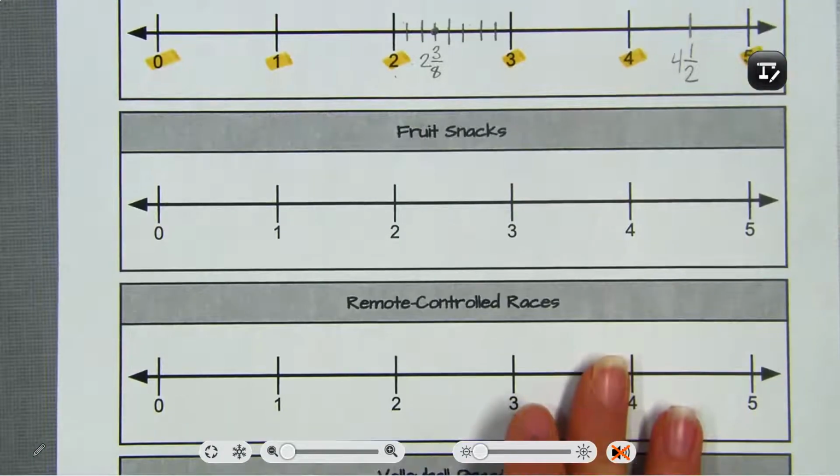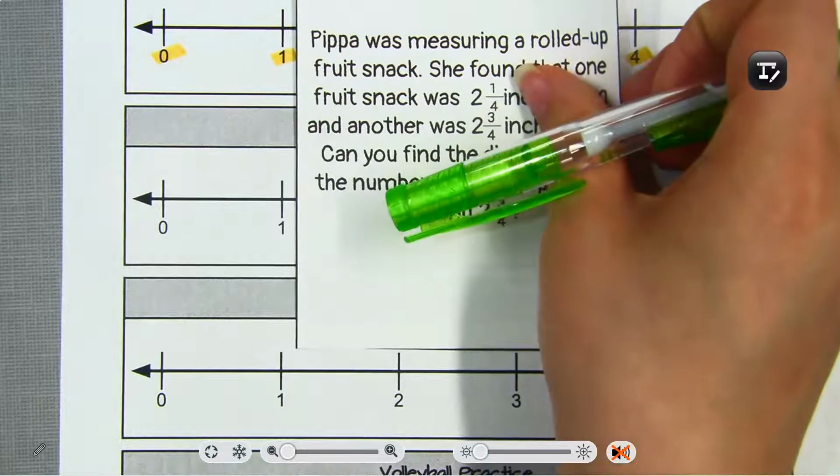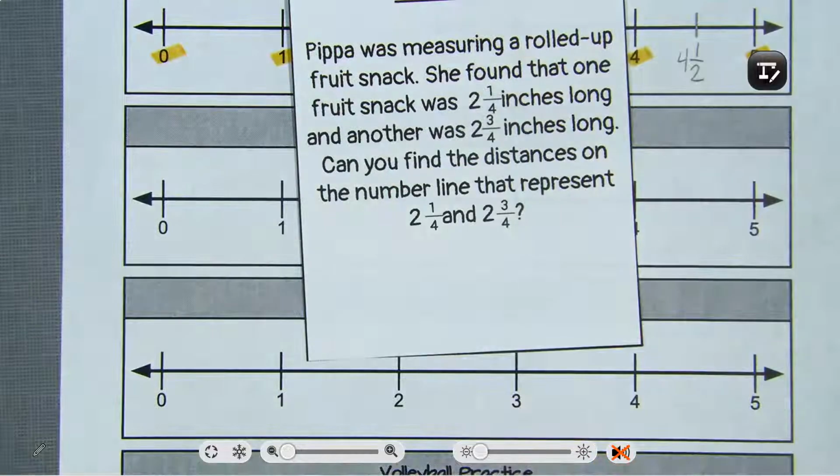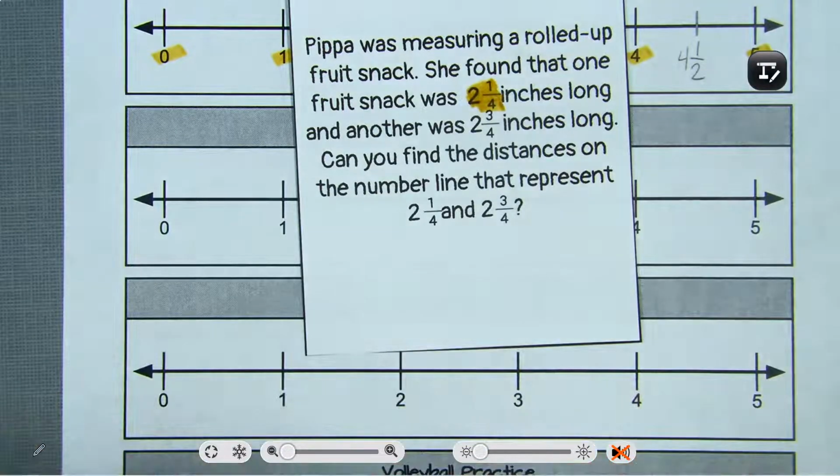Fruit snacks. Pippa was measuring a roll-up fruit snack. She found that one fruit snack was 2 1/4 inches long. So 2 1/4 inches long.